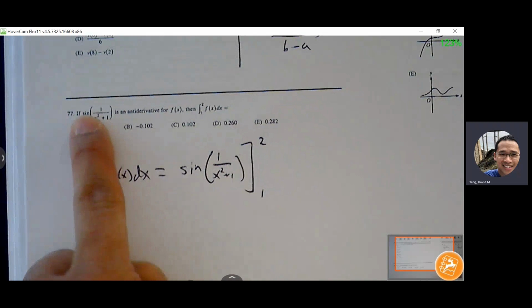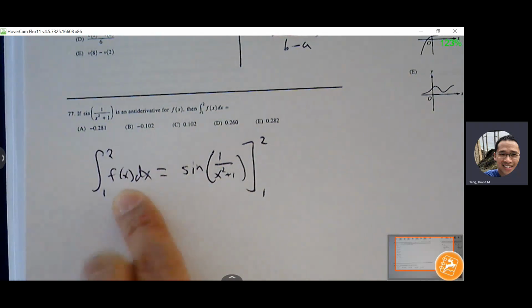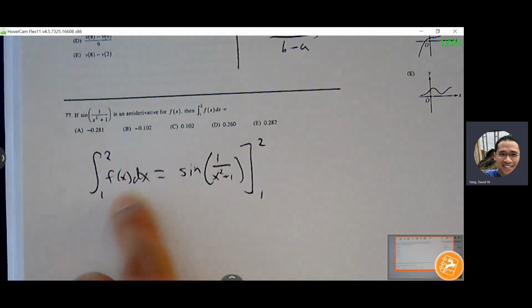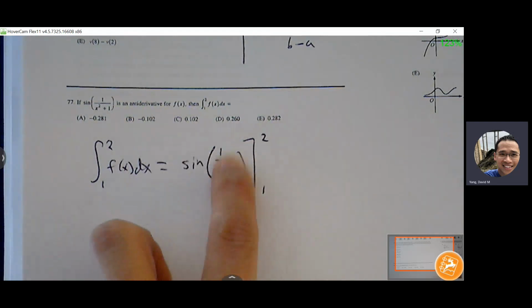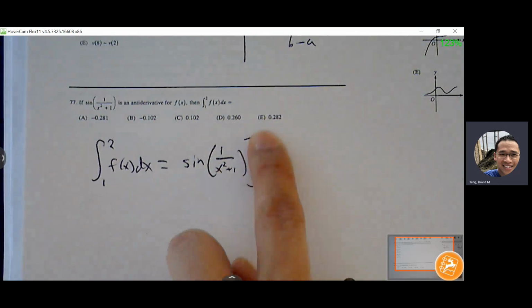Now, if it says that f of x equals sine of 1 over x squared plus 1, and it's asking for the antiderivative, then we would put it here and make the calculator do the work for us. But the wording here is telling us that this is the antiderivative. So we just have to plug in 1, 2, and 1.